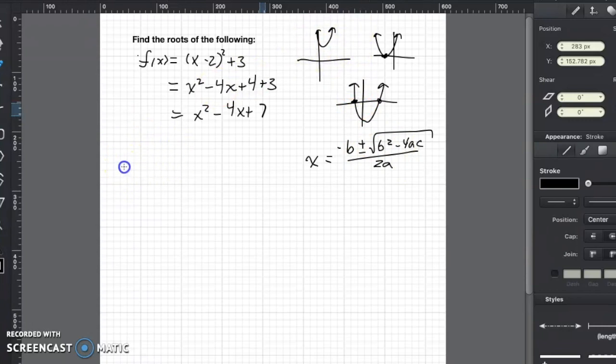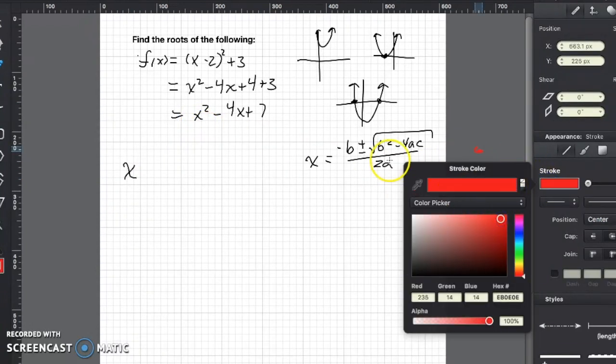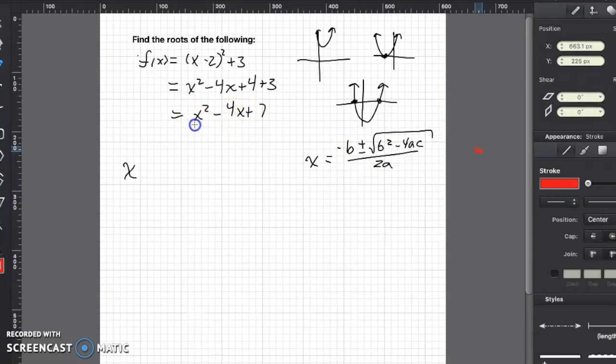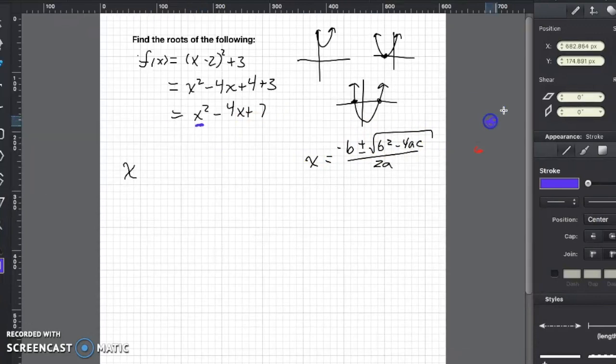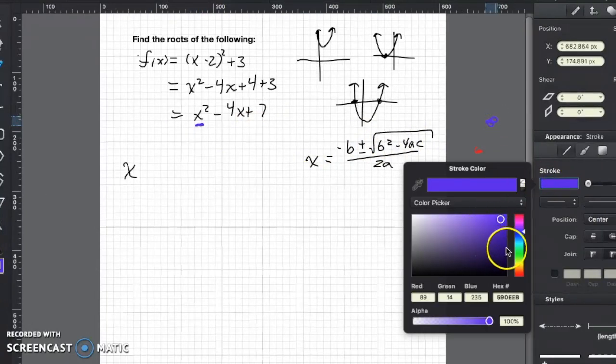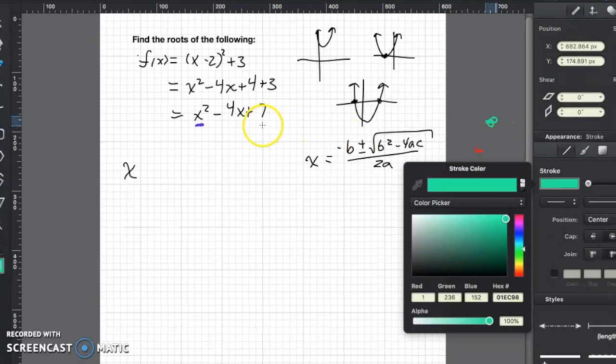So I'm going to use that quadratic formula. And again, don't forget your parts here. We're going to have an A section, and blue can be our A. We could talk about our B section.